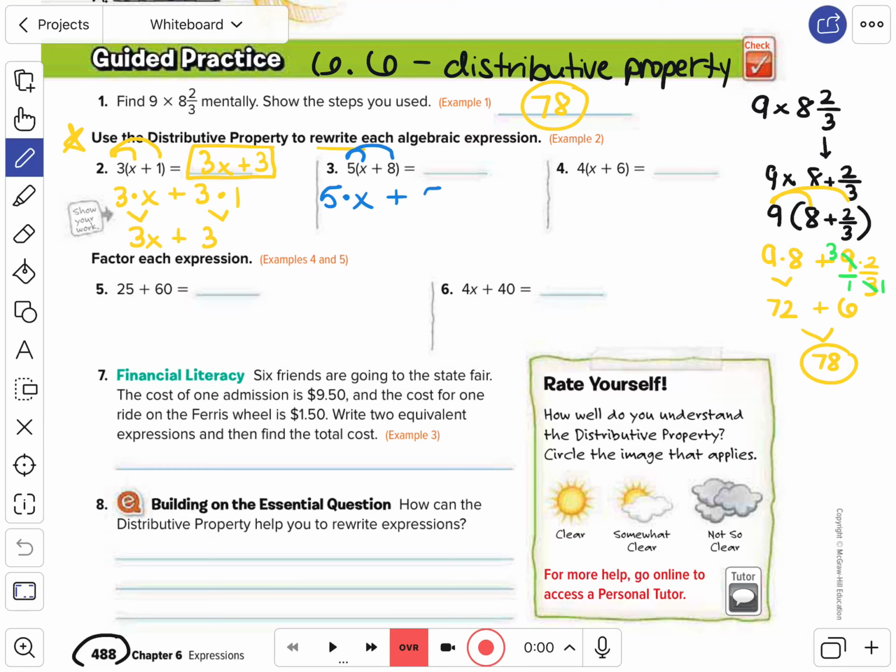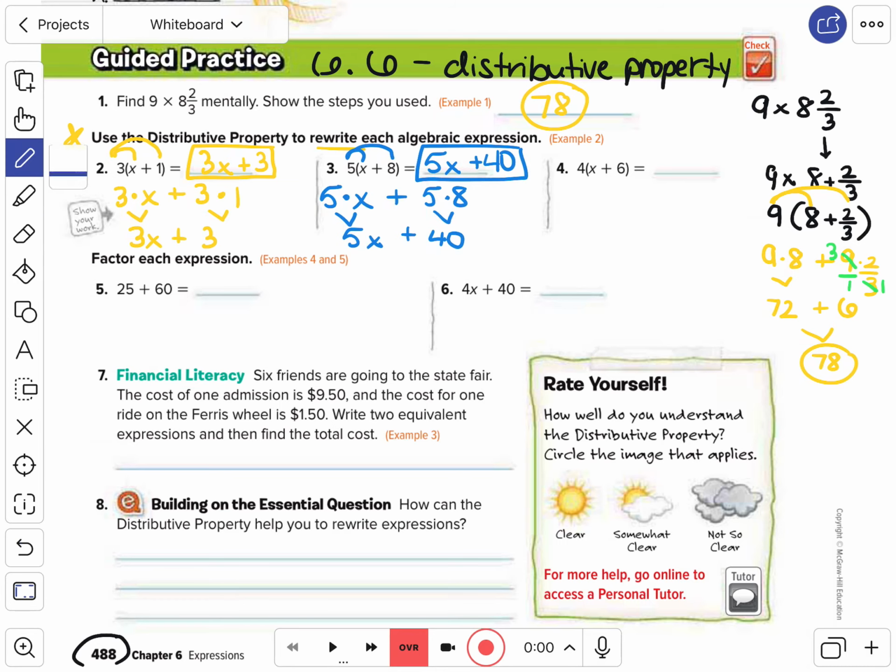Draw your next arrow, 5 times 8. Simplify. 5 times x is 5x, plus 5 times 8 is 40. You cannot add these. This has an x, this doesn't. They cannot be added. You just leave it as 5x plus 40.